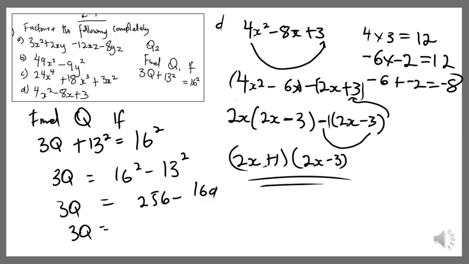So 256 minus 169 will give you 87. Divide here by 3, divide here by 3. 87 divided by 3 will give you 29. And that becomes your value of Q.